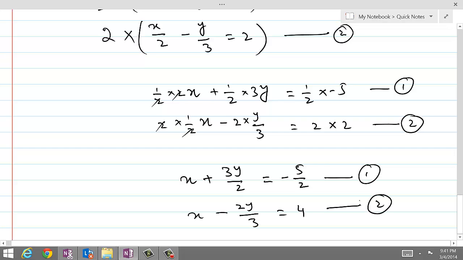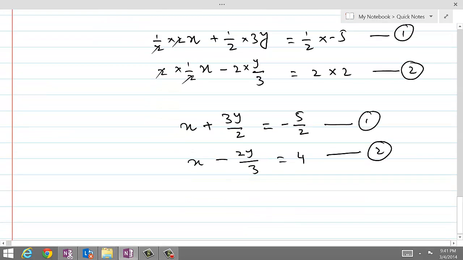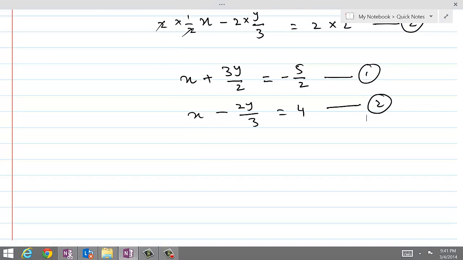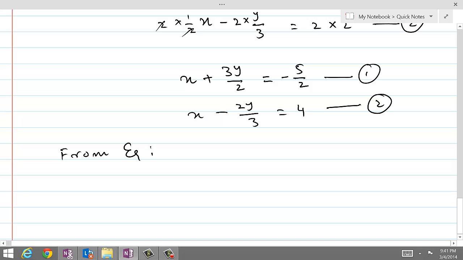So we have done this procedure, and as a result, what we have seen is that in both equation 1 and equation 2, x has the same coefficient. Now we will do the same procedure which we did in question 1. From equation 1, we will find the value for x.